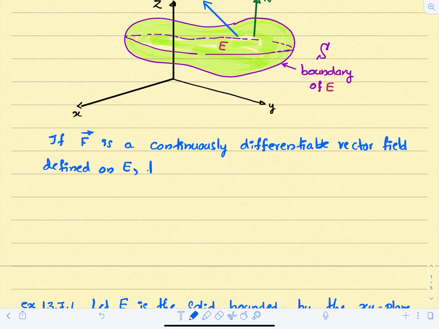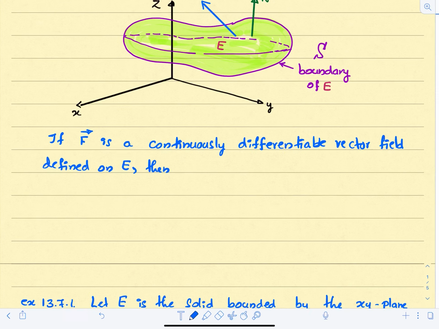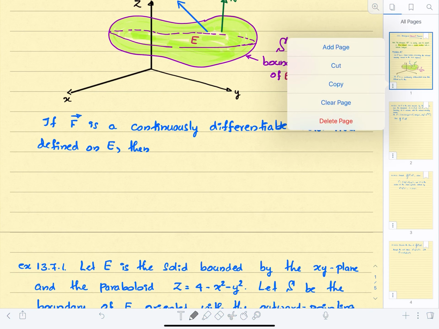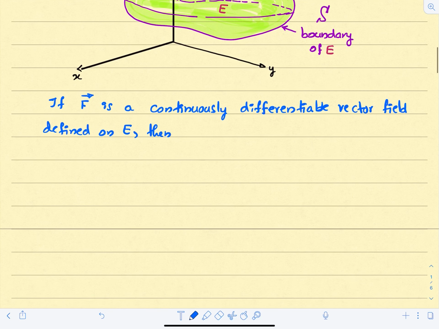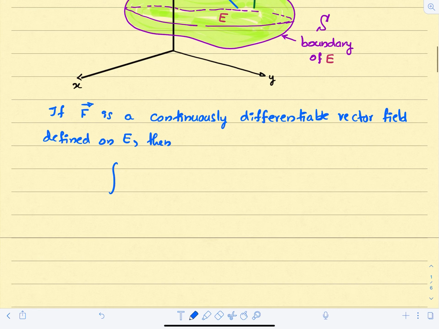Then the flux integral of F dot dS over the closed surface S. This is the way we denote a closed surface.